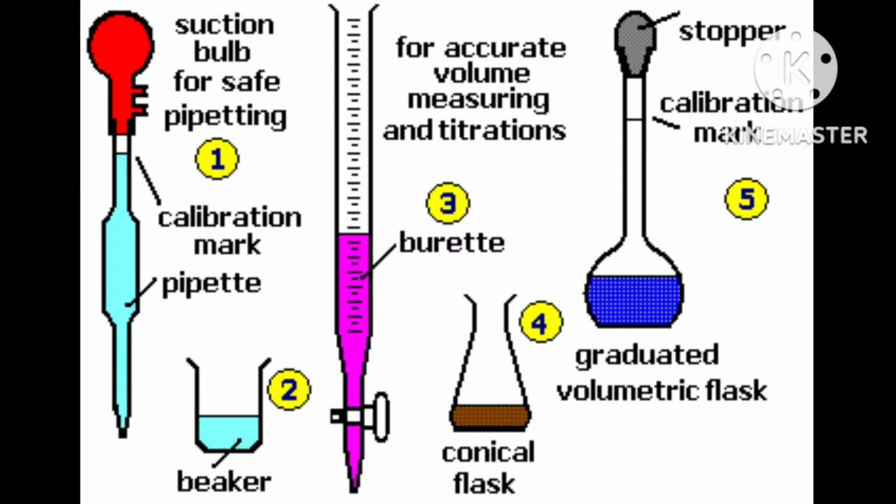Here the ferrous ion or oxalate ion is oxidized, and the first lasting tints of pink color appear at a very low concentration of MnO4 minus, the permanganate ion, maybe 10 to the power minus 6 mole per liter.